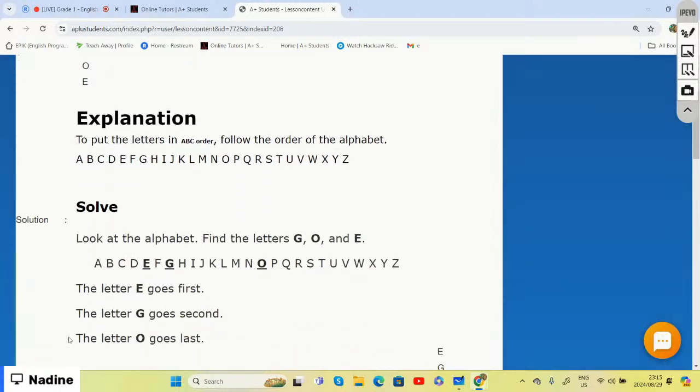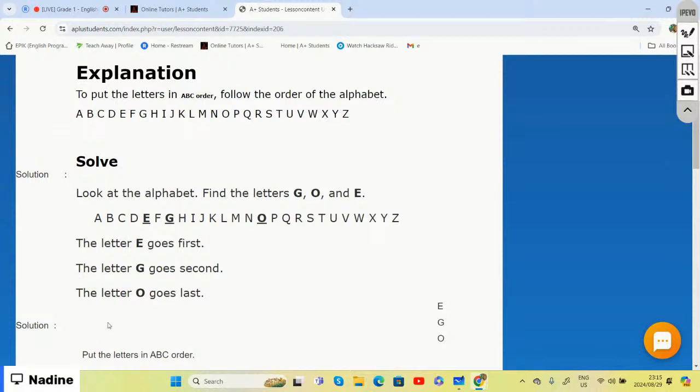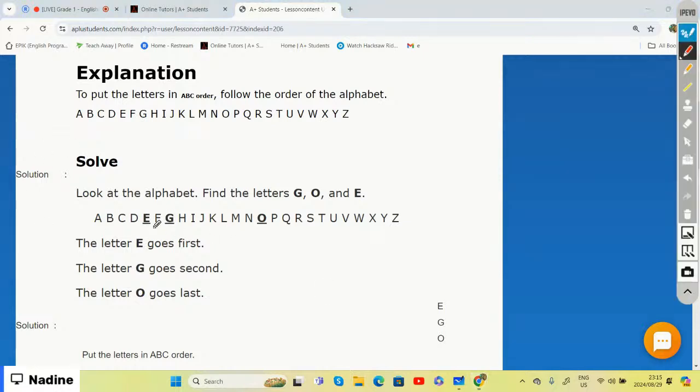We see that we need to look at the alphabet, and we have to find first Q, K, and B. Now we need to find the letters G. There we have G. There we have O. And there we have E, which is already underlined.